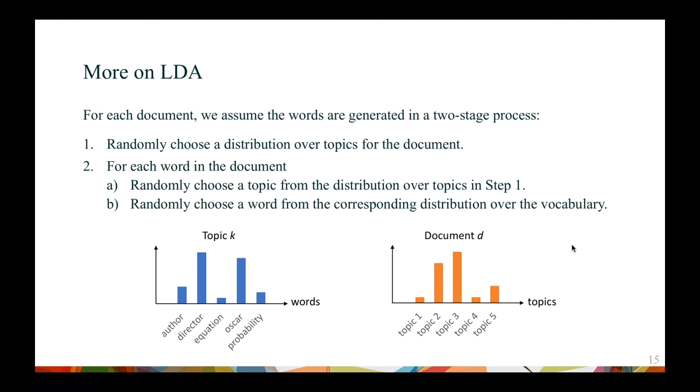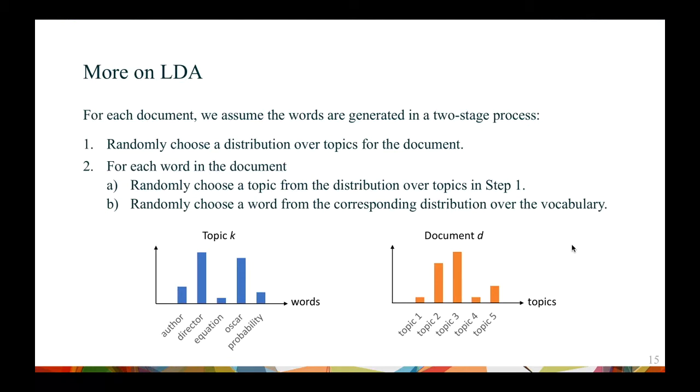And something more about LDA. This is how we assume a document is generated. First, we randomly choose a distribution over topics for the document. Then for each word in the document, we first randomly choose a topic from this distribution of topics, and then we choose a word from the corresponding distribution of words in that topic.